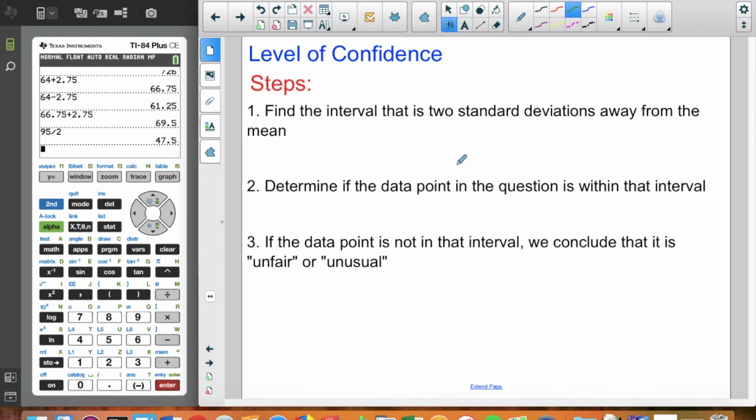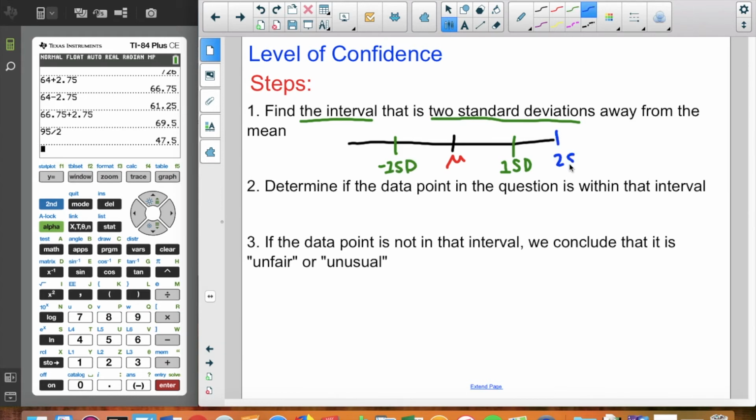So let's look at the steps on how to find it. You find the interval that is 2 standard deviations away from the mean. When we do this, I suggest using the line method where you have the mean in the middle, and then you go 2 standard deviations away: 1 standard deviation, -1 standard deviation, 2 standard deviations, and -2 standard deviations.